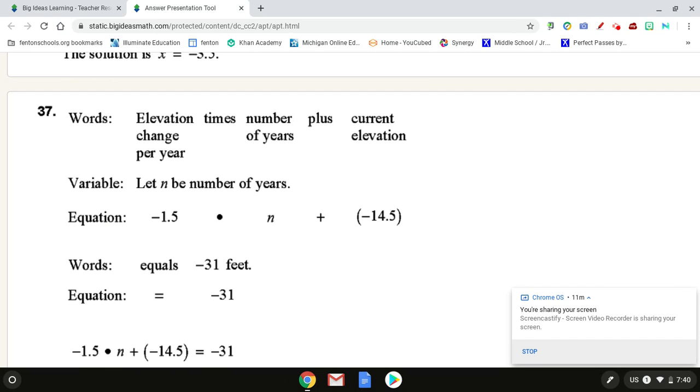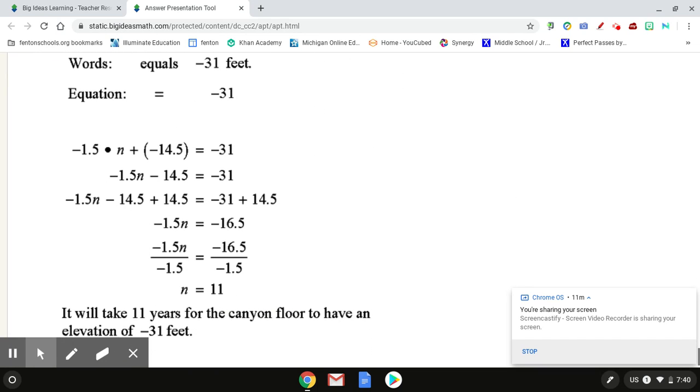Okay. So there's 37. There's the words that were used in the story problem, right? Elevation change per year times the number of years plus the current elevation should equal -31, and let n be the number of years, right?